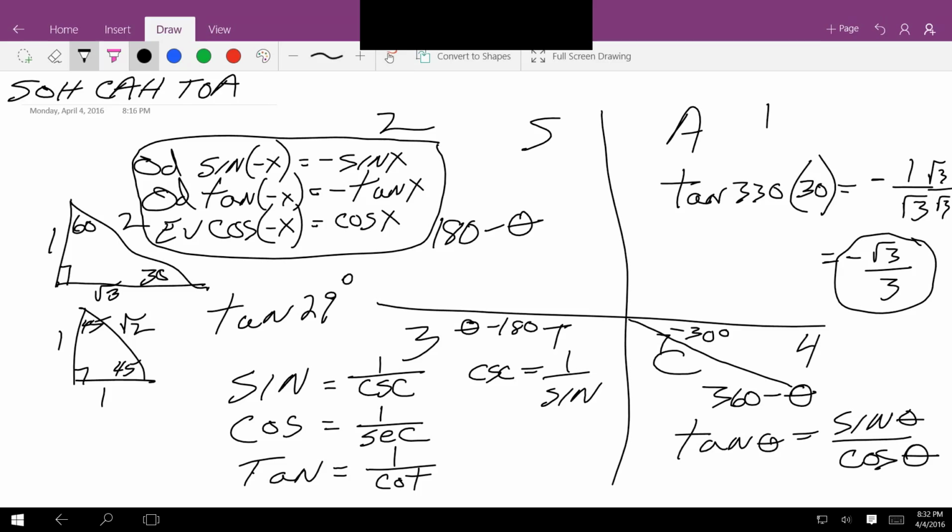Because nobody knows that without looking it up in a table or a calculator. But the common ones, anything that's a multiple of 30, 45, or 60, they do expect you to know without the calculator. And I'm sure you'll get tests where you'll be able to do portions with the calculator and other portions without.